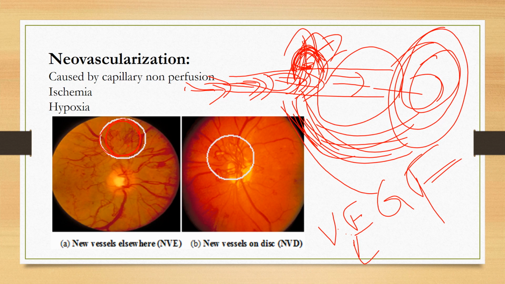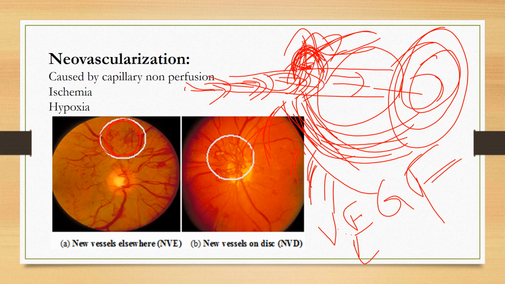So what is the problem with these new vessels formed? These new vessels are again very thin, and the pericyte is very weak. So again these new vessels start leaking, and one more set of new vessels forms, neovascularization forming, and again this starts leaking.